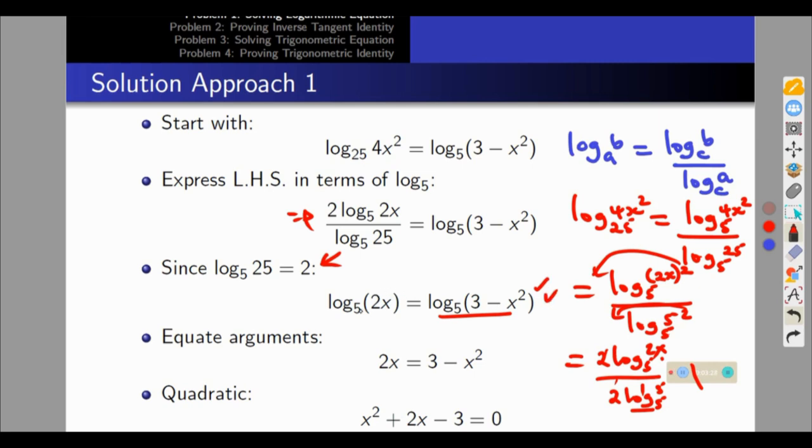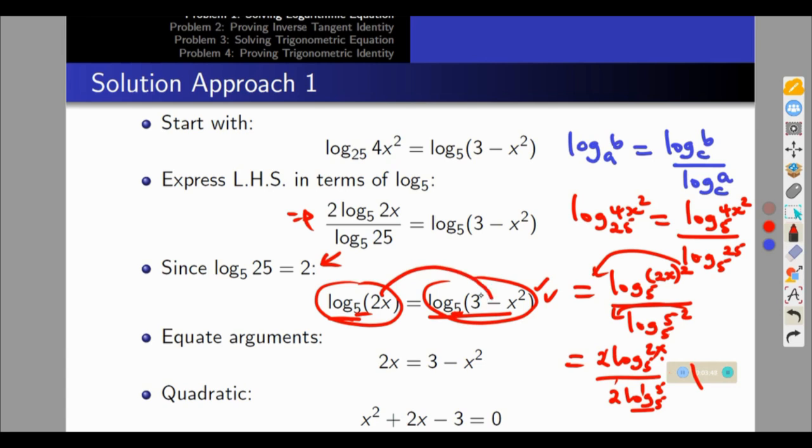Since you have achieved this expression where you have only the same bases, log of 5 here, log of 5 there, and you are equating, it means the arguments must also be equal, since the bases are already equal.